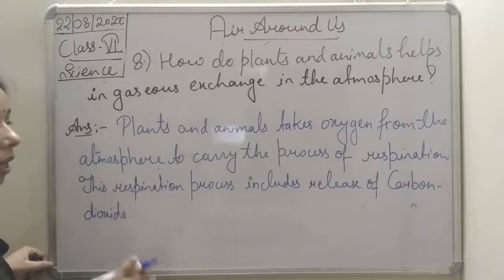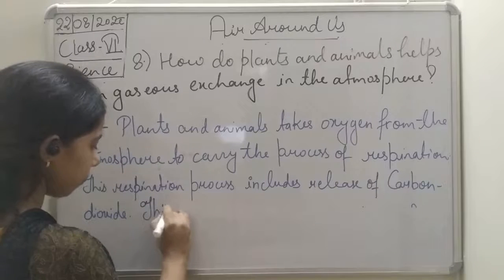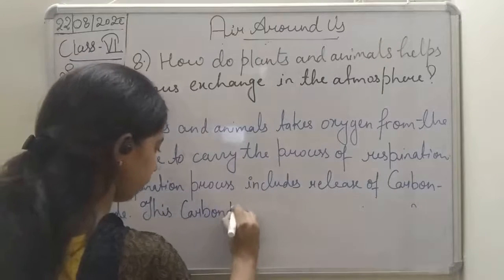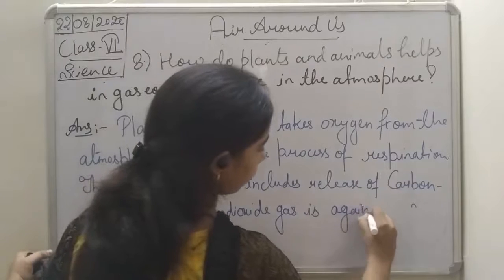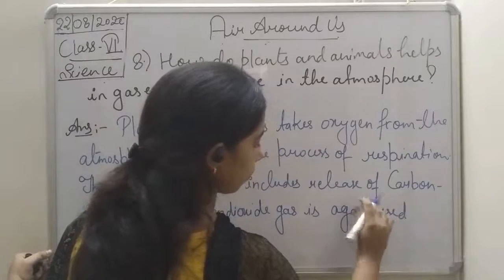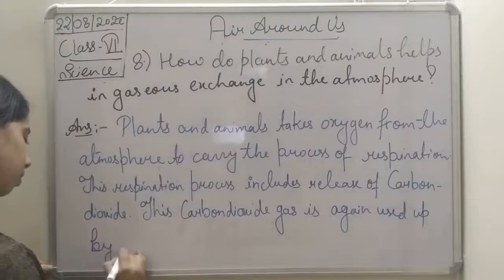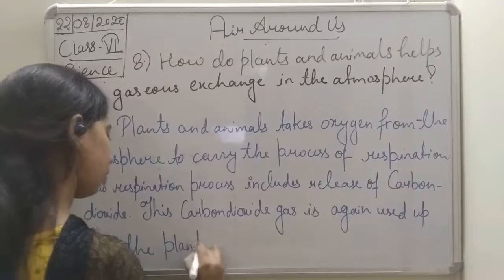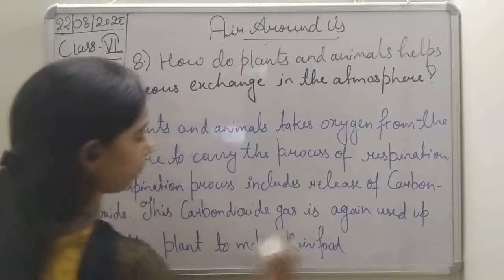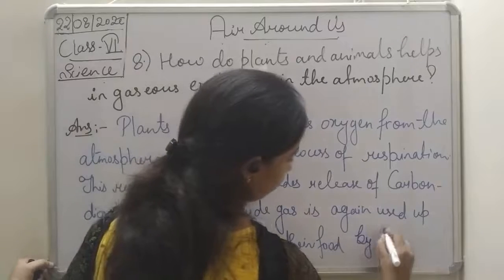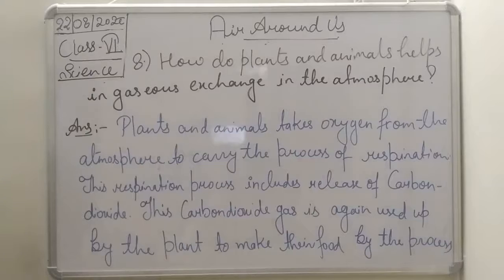Okay, so by the process of respiration, carbon dioxide gas is released, and this carbon dioxide gas is again used up by the plant to make their food by the process of photosynthesis.